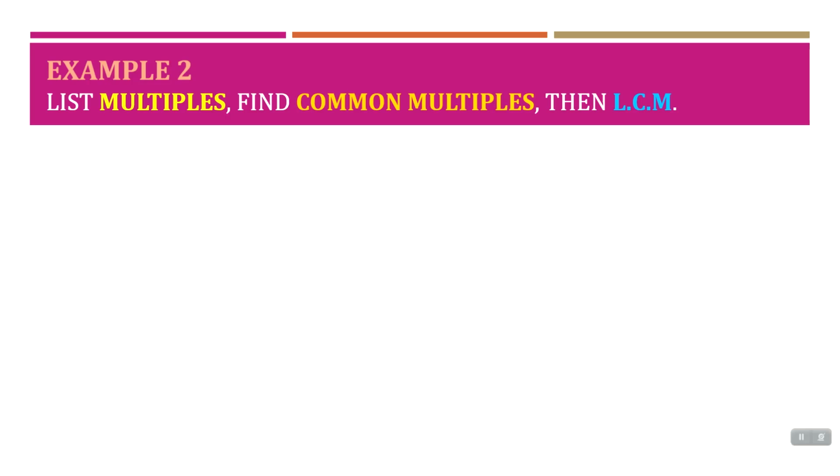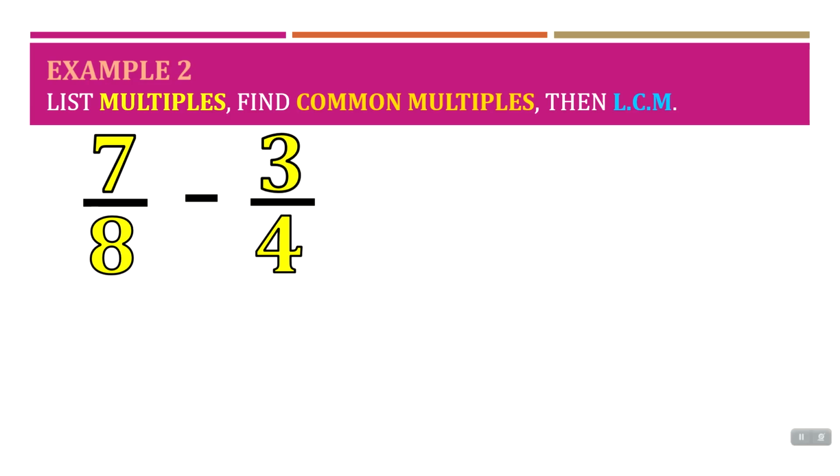Let's look at example 2. If we had 7/8 and we wanted to take away 3/4, what would the answer be? We can see that the denominators are different. These are unlike fractions, and therefore we have to start to find an LCM, LCD, and that requires listing the multiples of 8 and 4.